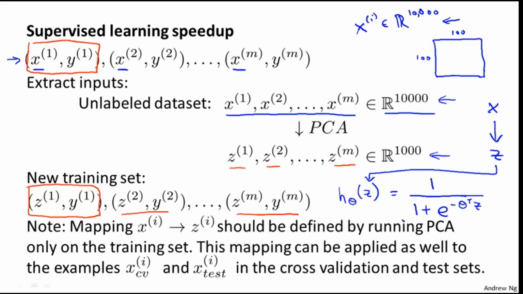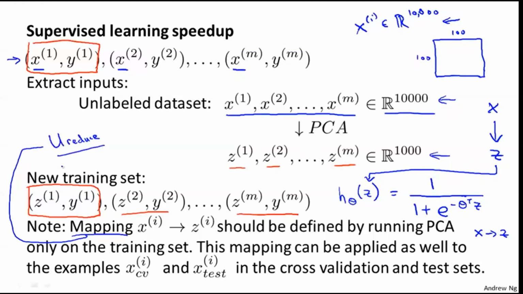One final note. What PCA does is it defines a mapping from x to z, and this mapping from x to z should be defined by running PCA only on the training set. This mapping that PCA is learning computes a set of parameters: there's the feature scaling and mean normalization, and there's also computing this matrix U reduce.